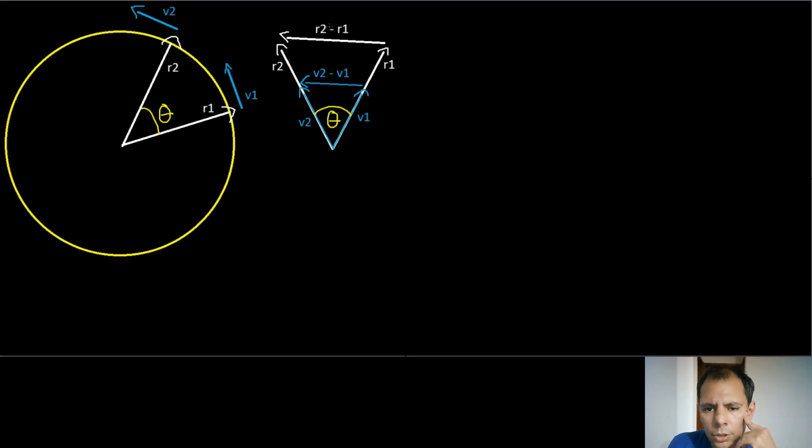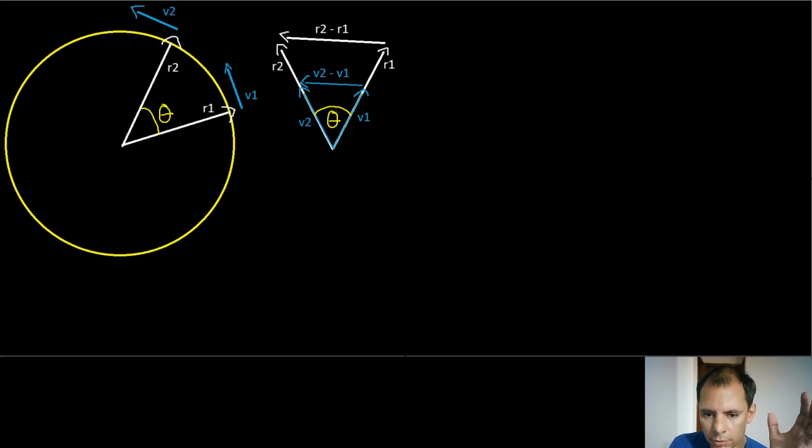Because R1, R2, and R2 minus R1 are three vectors that form a triangle. Now, V1, V2, and V2 minus V1 are three vectors that form another triangle. And V1 and V2 are the same size, and R1 and R2 are also the same size.